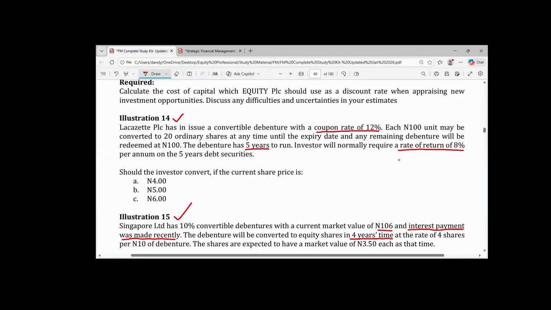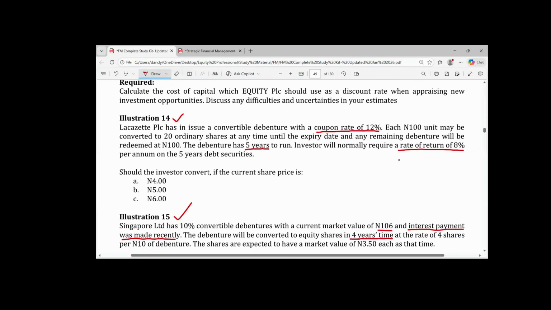Then the second step or the next thing you are going to do is to then calculate the conversion value. You need to calculate the conversion value at each price, the conversion value at 4 naira, 5 naira, and then 6 naira. So you then compare the two, the conversion value versus the current market value if the company wants to redeem it.